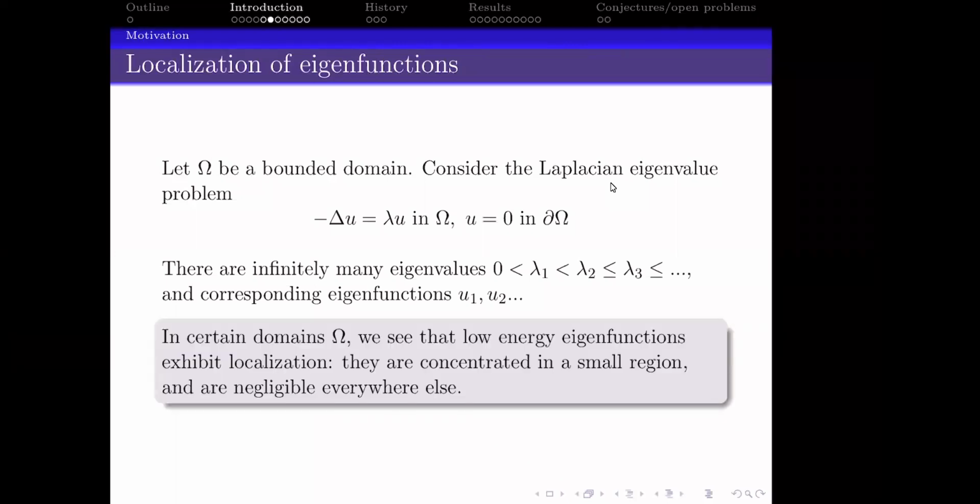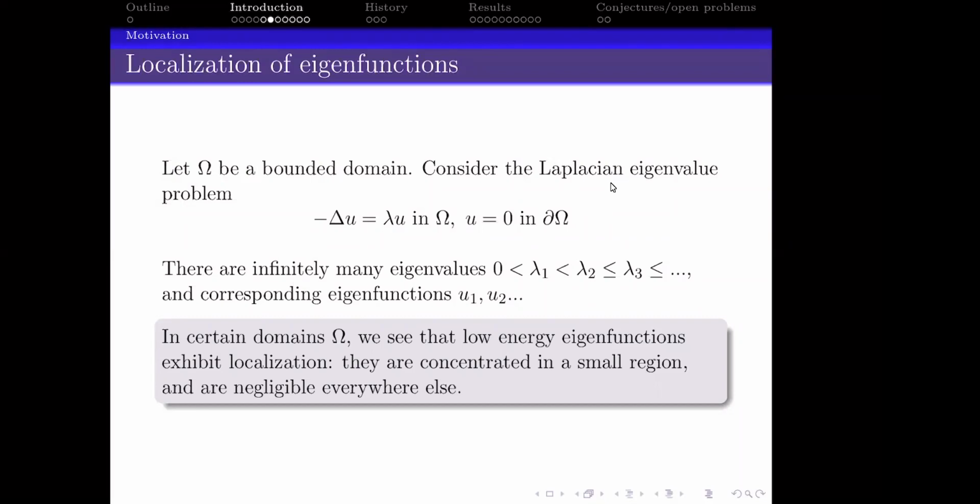And what is observed? Physicists know way more about this than us mathematicians. But what we observe is that in some domains, these low energy eigenfunctions exhibit localization. What does it mean? In a very crude sense, localization means that the eigenfunctions are concentrated in a small region and are negligible everywhere else.